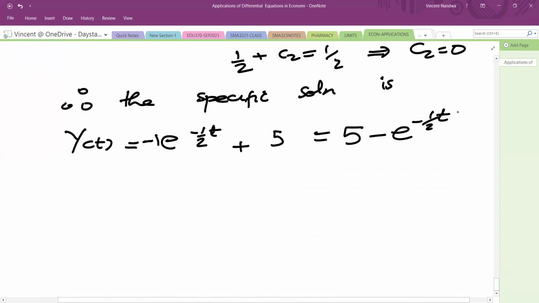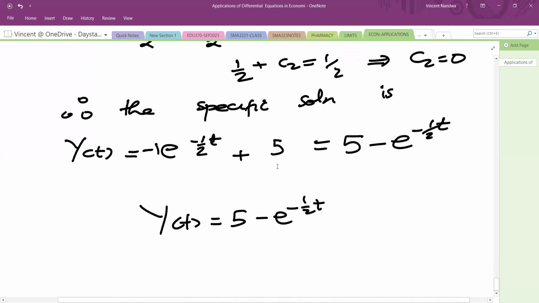Then the last bit was to explain what happens to all the functions I, C, and y as t approaches infinity.